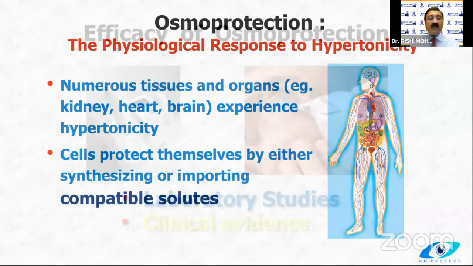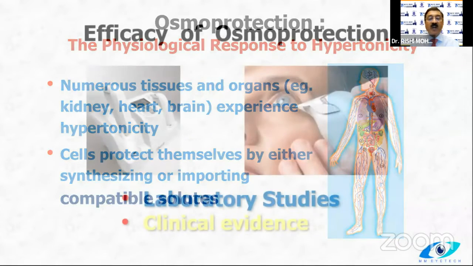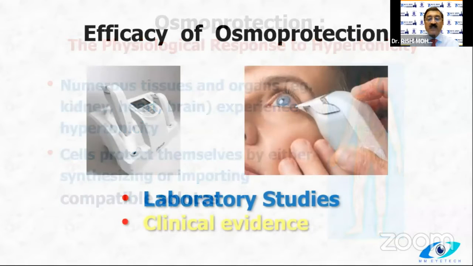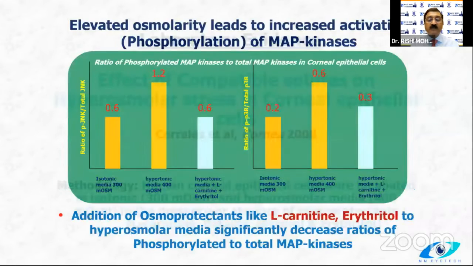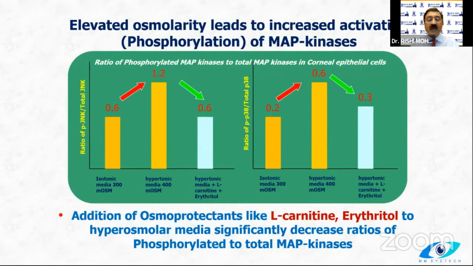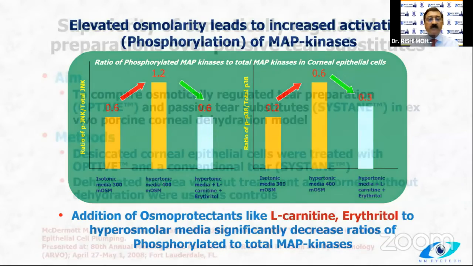So let's look at a couple of lab studies and the effect of the compatible solutes on hyperosmolar stress in corneal epithelial cells. Human corneal epithelial cells, which show the phosphorylation ratios to the total amount of MAP kinases as a result of hyperosmolarity, are substantially protected when the media introduces L-Carnitine and erythritol, which are the osmoprotectants.